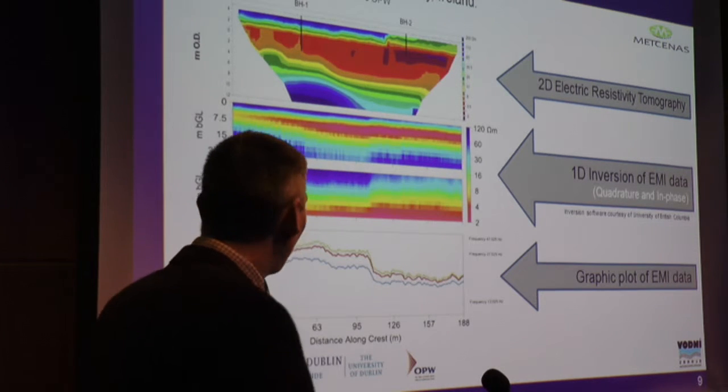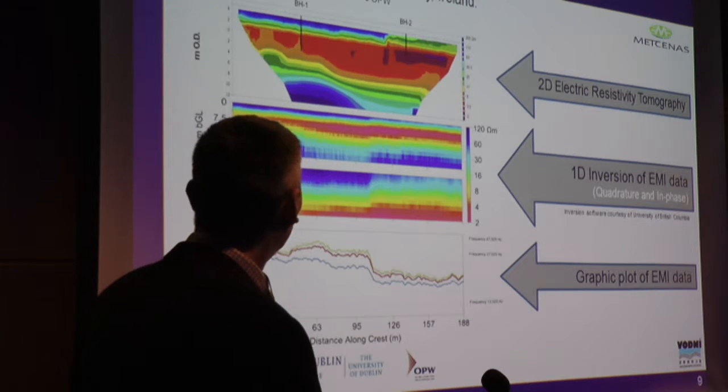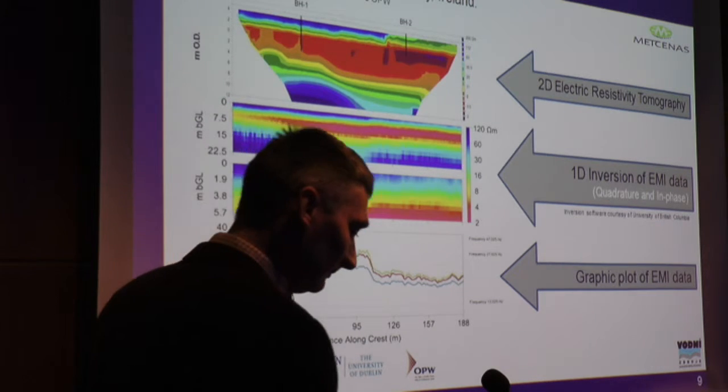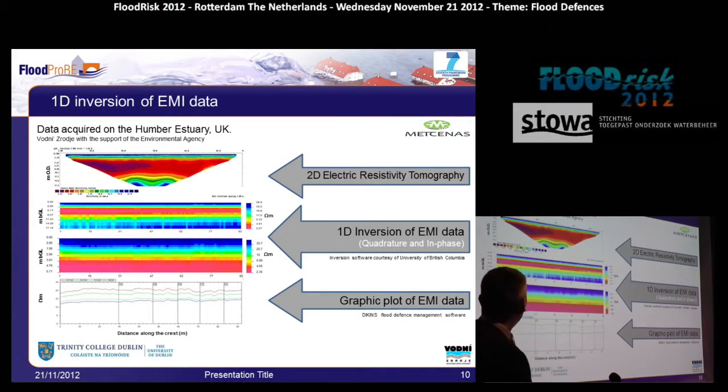And we can say, collection of this data takes about, I don't know, 1 minute. This one needs some hours, maybe 1-2 hours. This is another example from the Humber Estuary area, which is more homogeneous.